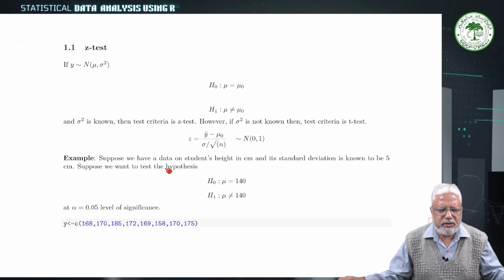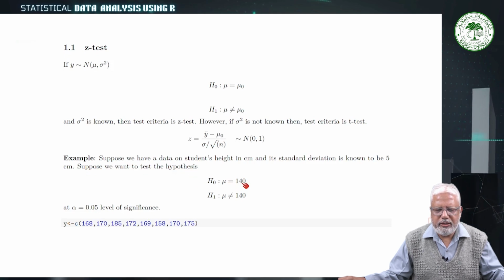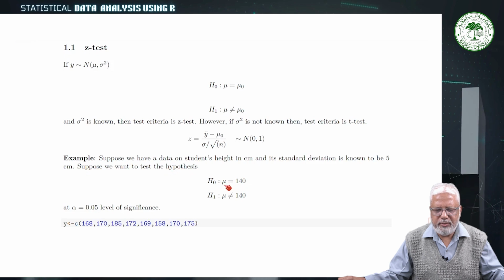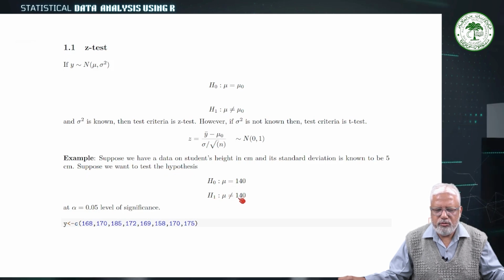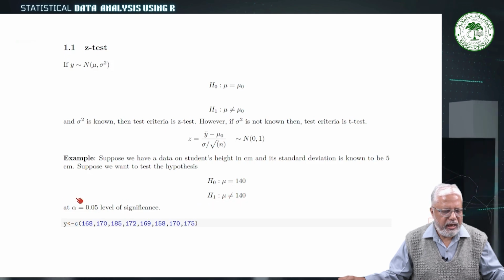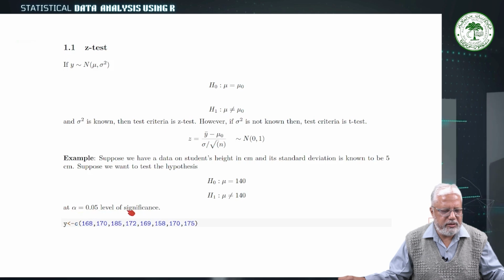Suppose we want to test the hypothesis H naught, mu is equal to 140 centimeters height, versus H1, that it is not equal to 140 centimeters, and alpha is equal to 0.05 level of significance.